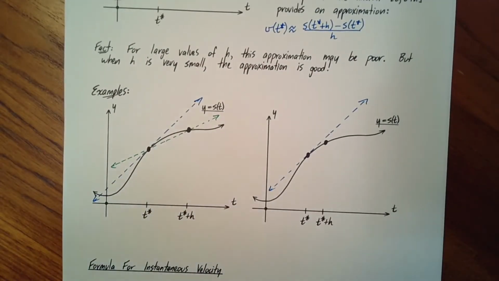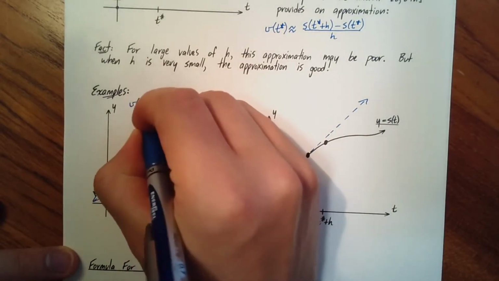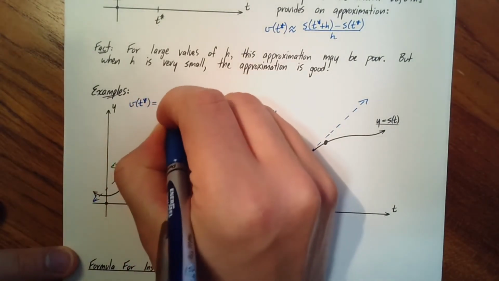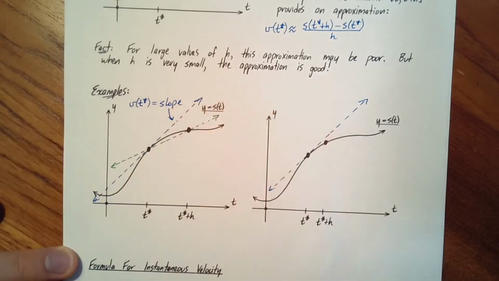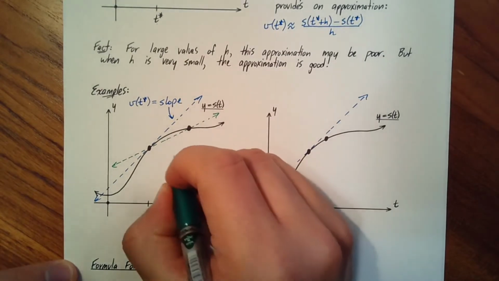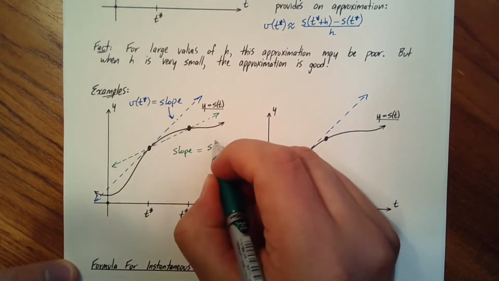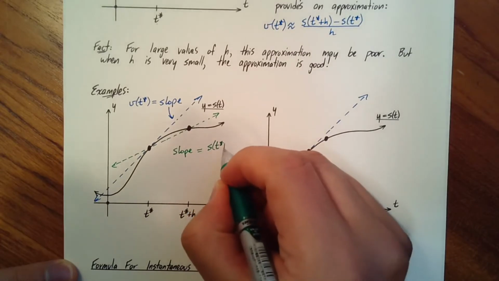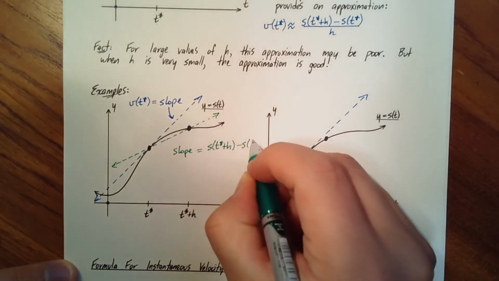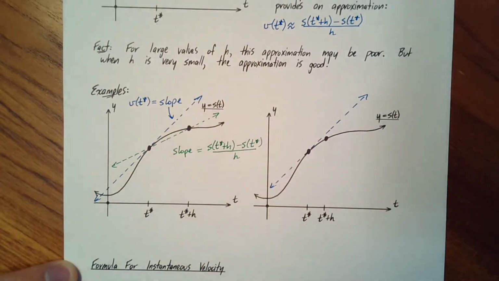Let's remind ourselves: v of t star is the slope of that line. And the slope of this green line is given by s of t star plus h minus s of t star, all divided by h.